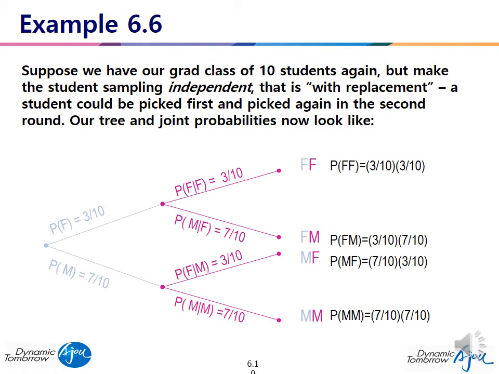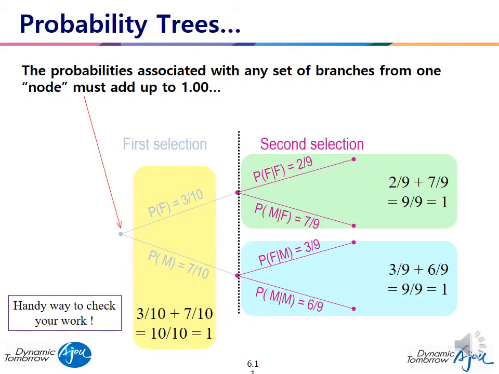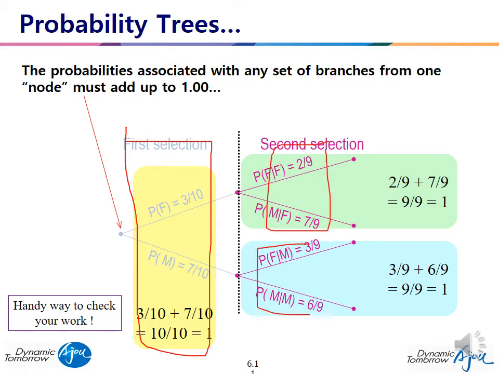So refer to this figure, then you can see the answer. The probabilities associated with any set of branches from one node must add up to 1. So this part adds up to 1, this one 1, this one 1.